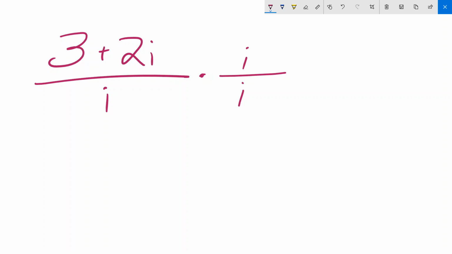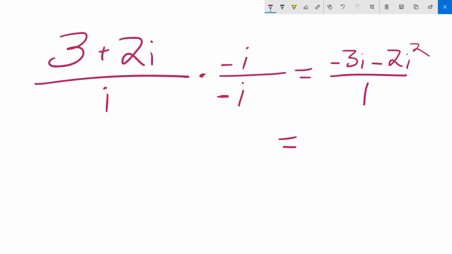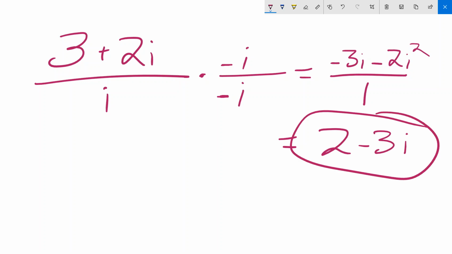Now, actually, it would make it a little bit simpler if I do multiply it by the conjugate, because then the bottom ends up being +1. And the numerator ends up being minus 3i minus 2i squared, which turns into 2 minus 3i.